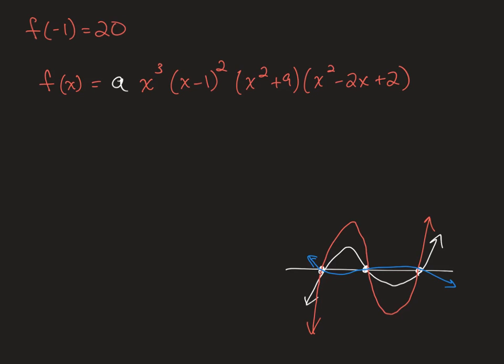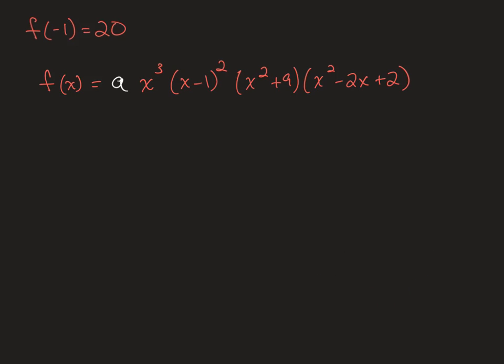And before I go any further, I did change this to a negative 1 from the last slide. Otherwise, it wasn't going to work out at all. How do we figure out what this a value is, this leading coefficient? Well, the only thing we have to do is substitute negative 1 in for all the x's.